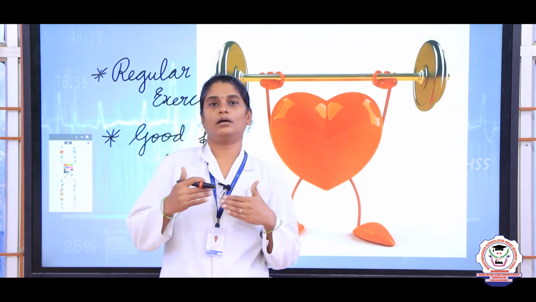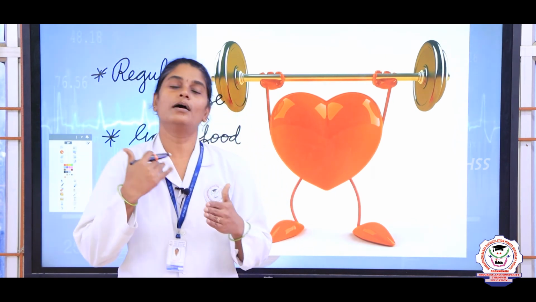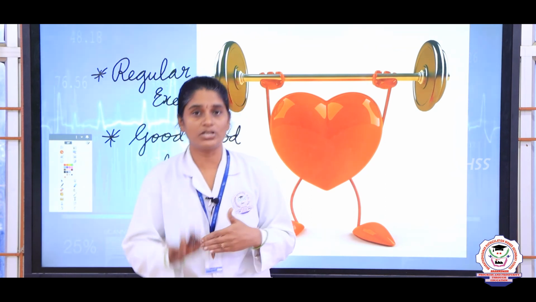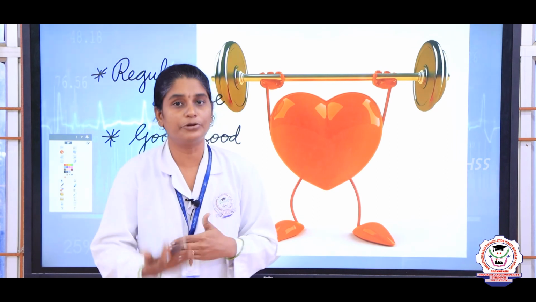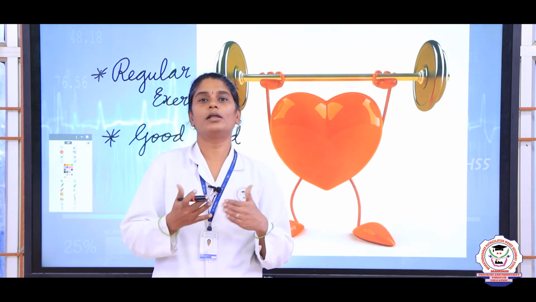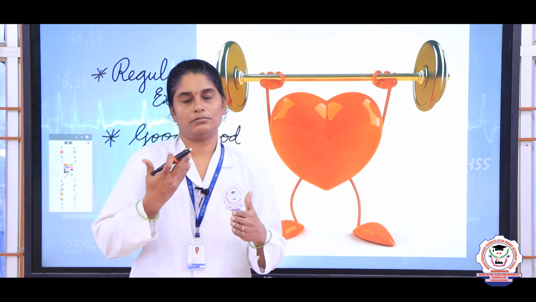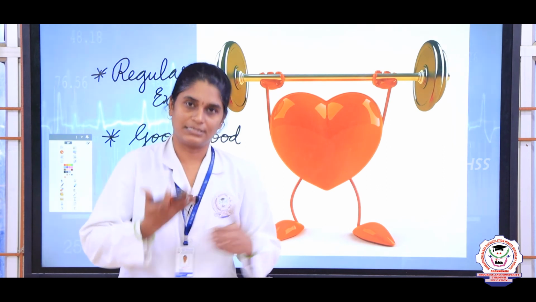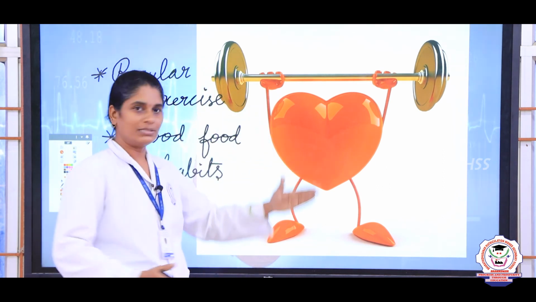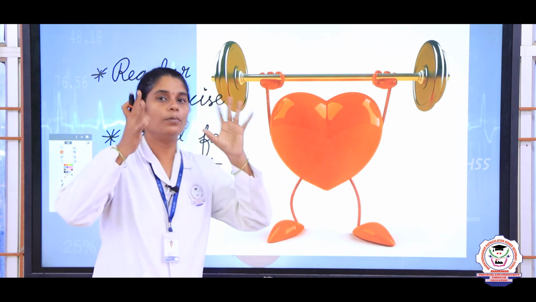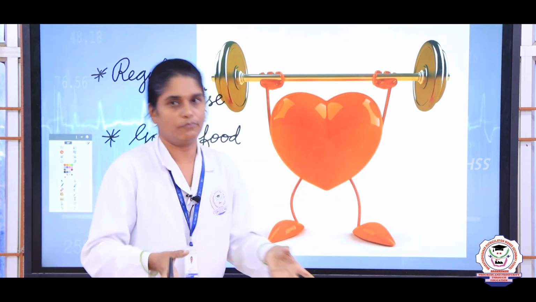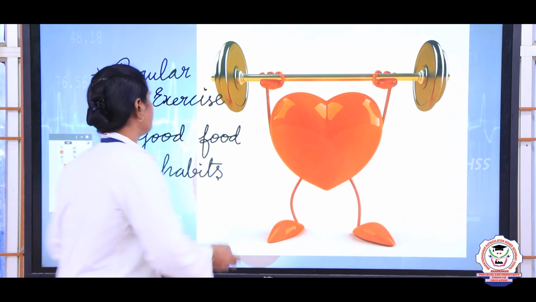Do not try to do starvation. Starvation also will affect your health, right, and malnutrition. Malnutrition is nothing but a lack of eating a proper balanced diet, right. So, once you follow all these things, you can keep your heart healthy. Not only your heart, your whole body system also you can keep healthy, right.